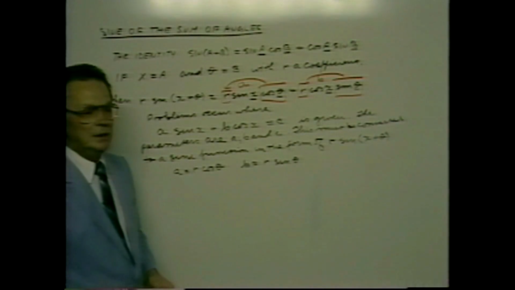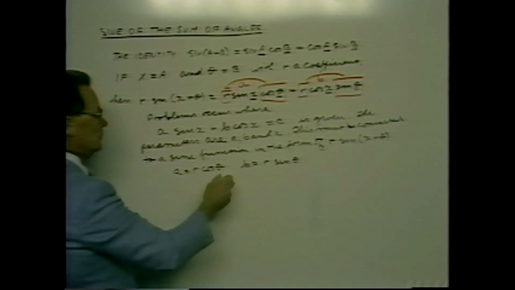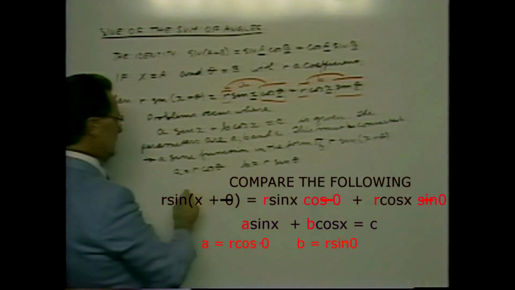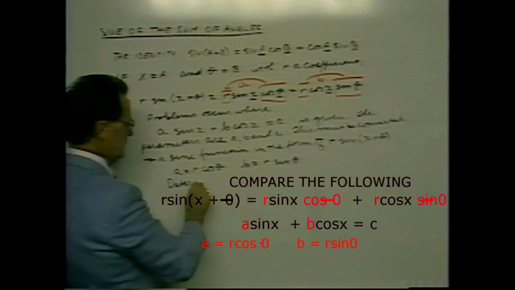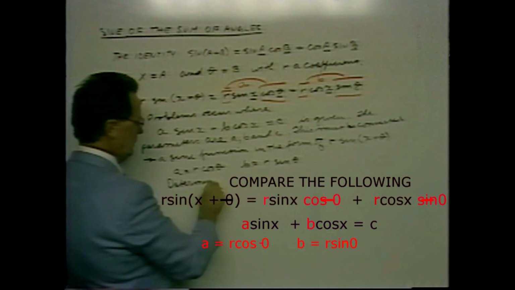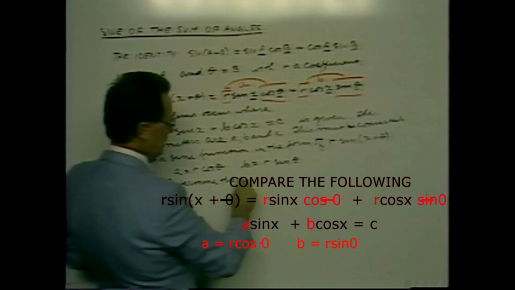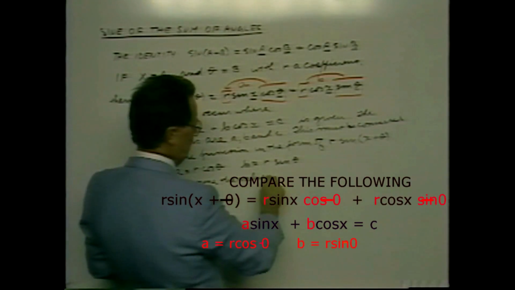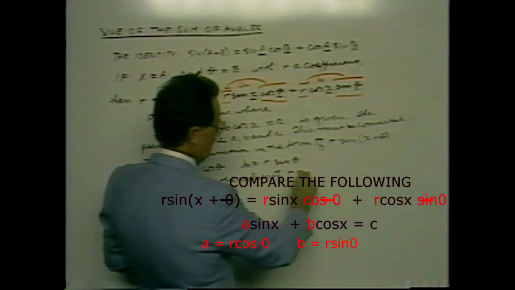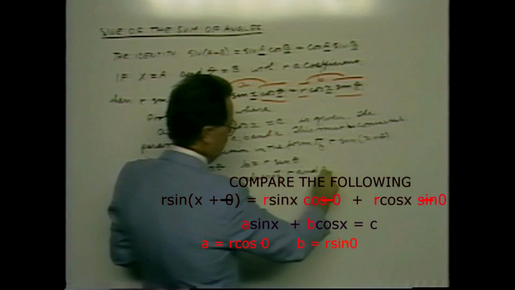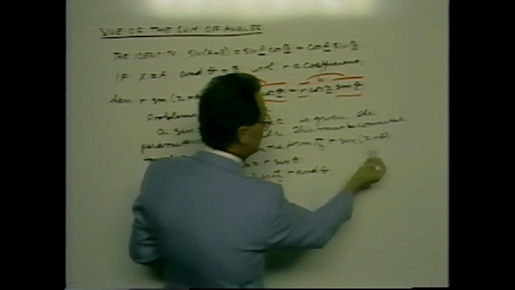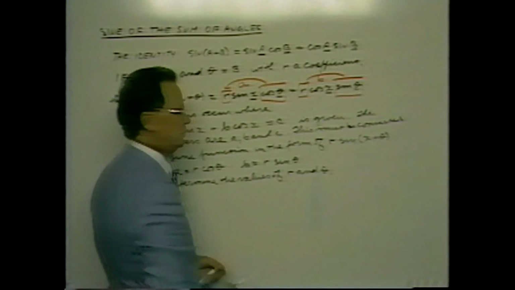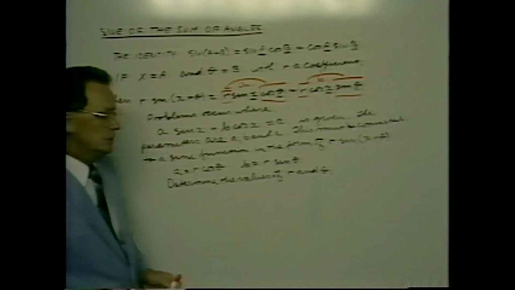That is to say, r and theta must be determined. R will go in this position when we find it, and theta will go in that position when we find it.